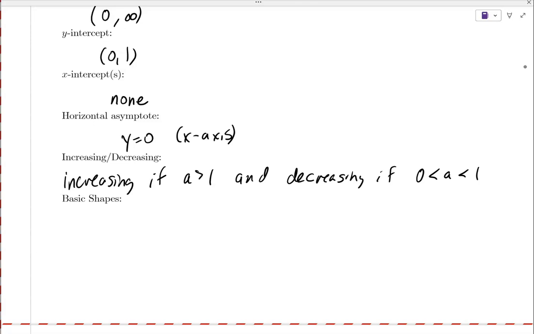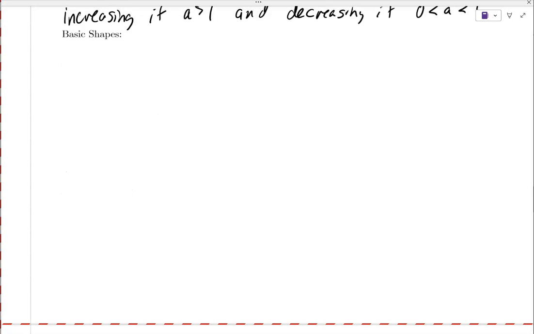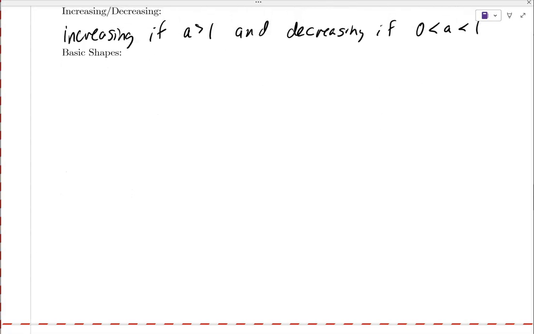The good news is that they basically have all the same basic shapes. The reason I did 2 to the x and (1/3) to the x is because they're examples of these basic shapes. If your a is greater than 1, it still crosses the y-axis at 1, and it goes up and to the right. So it has this basic shape.